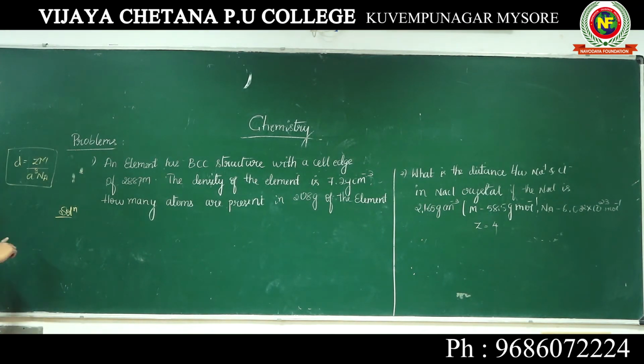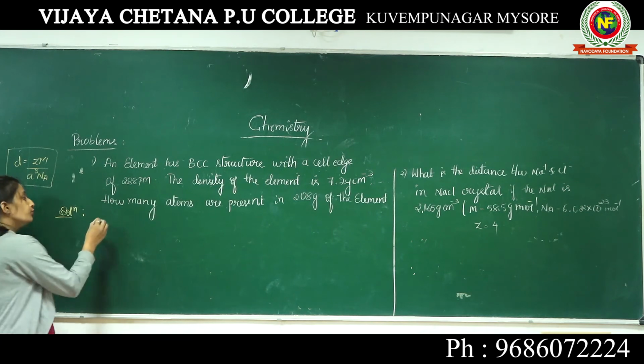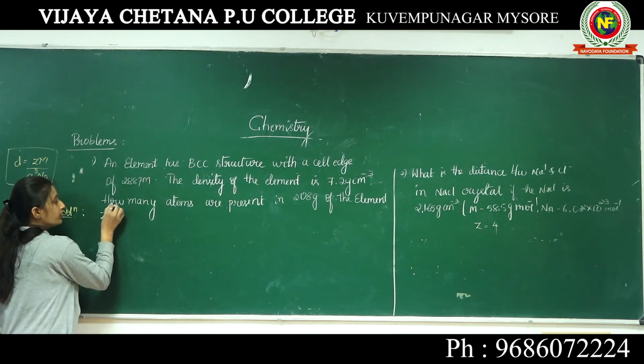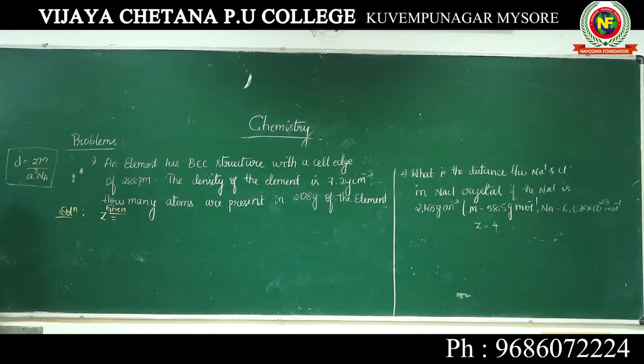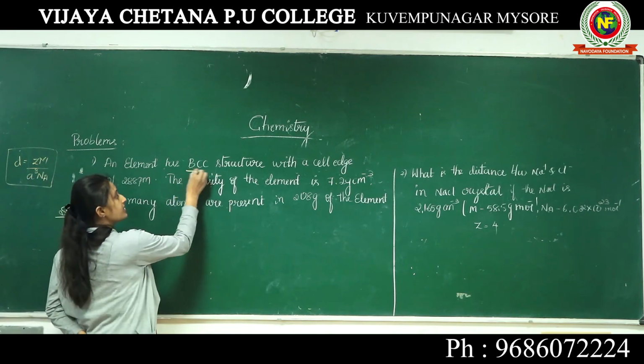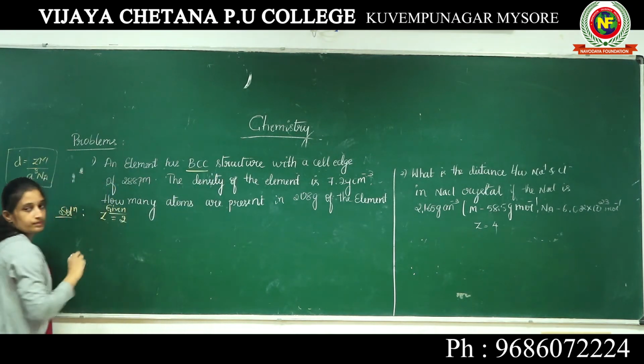Now I am going to solve a problem based on this formula. See, I will read the question carefully, try to understand. An element has BCC structure. For everything you should first write the given. BCC structure means the Z value should be 2.